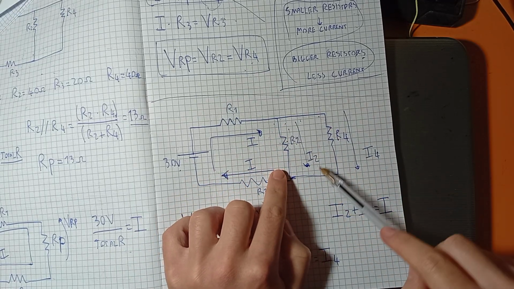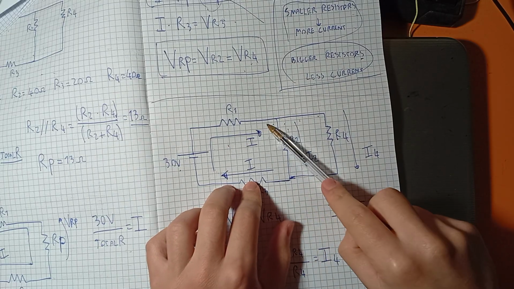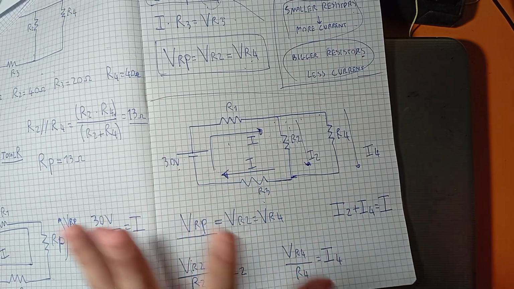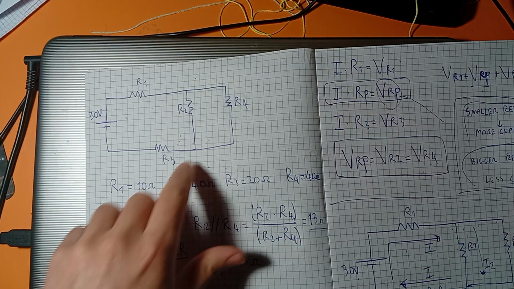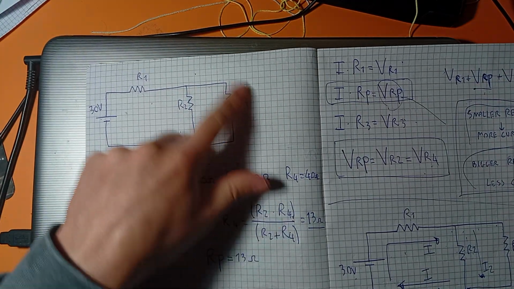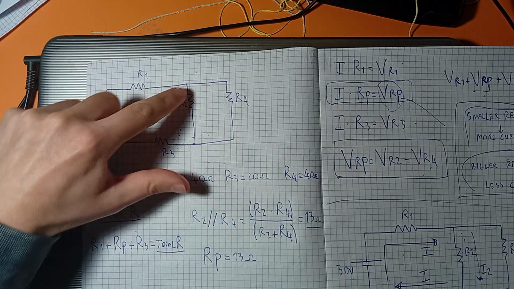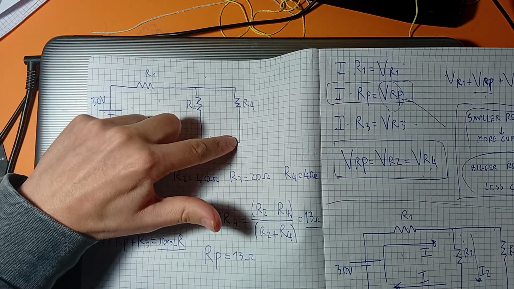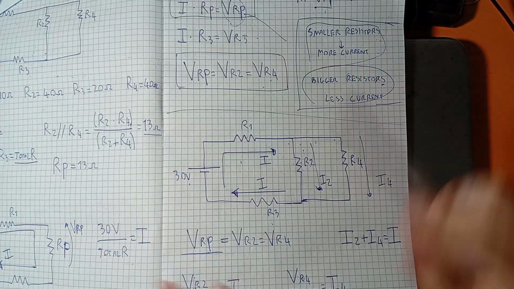Here we have only 2 branches, but we can have 3, 4, 5, 6, 10 branches and so on. So it is the contrary of the voltage drop on a parallel. The voltage drop on a parallel keeps staying the same in each branch, the same here and the same here. The current works the opposite way.